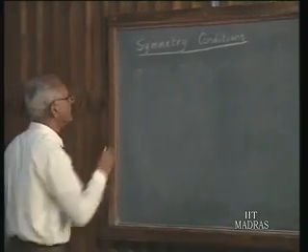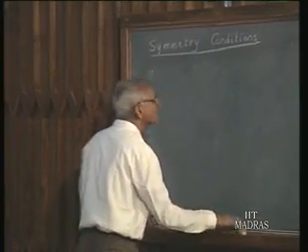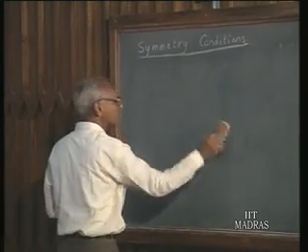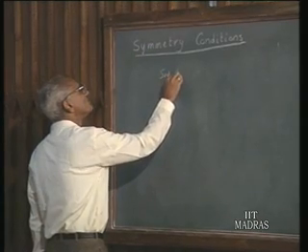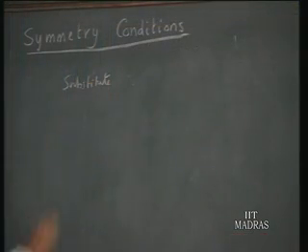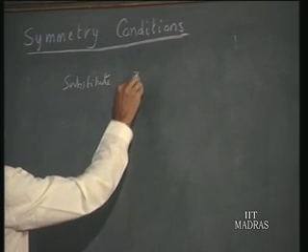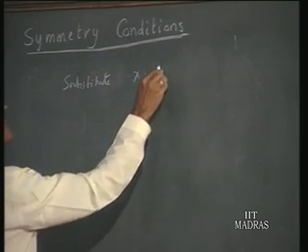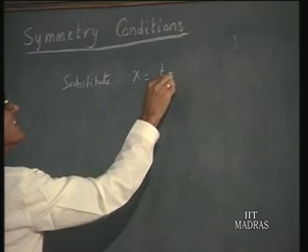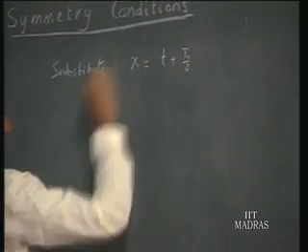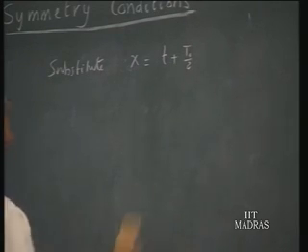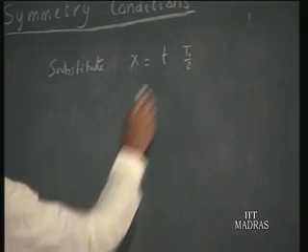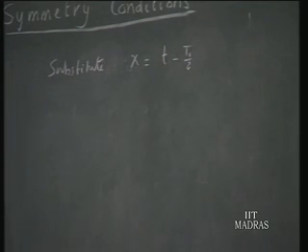Let me evaluate I2. In this, let me substitute x equals t minus t naught upon 2.